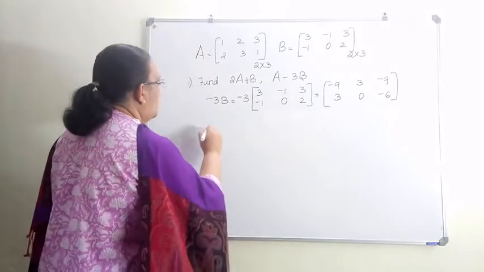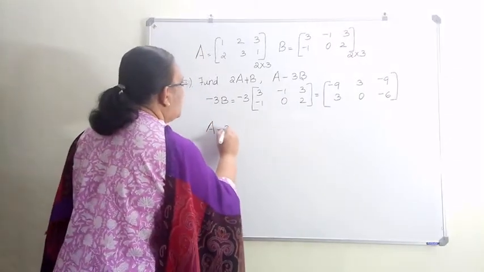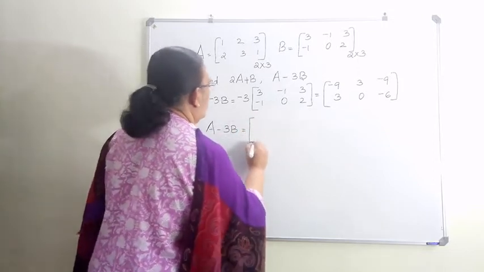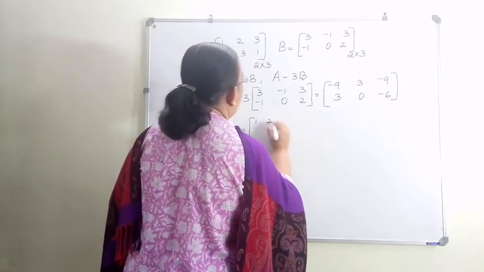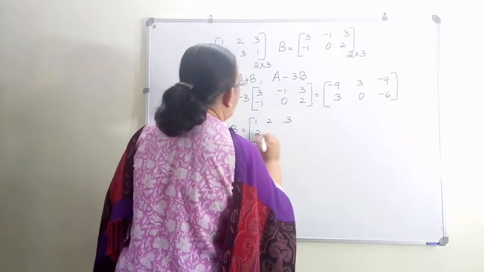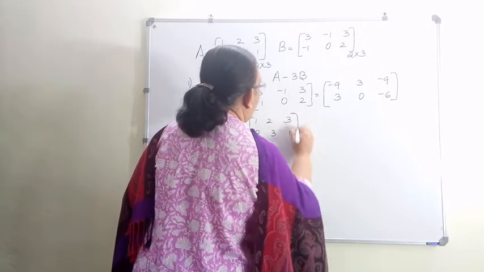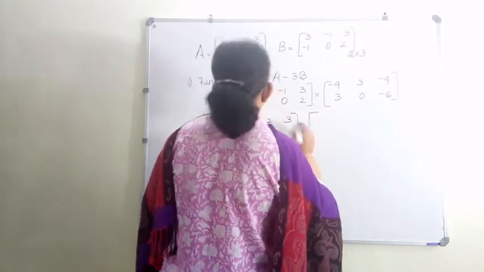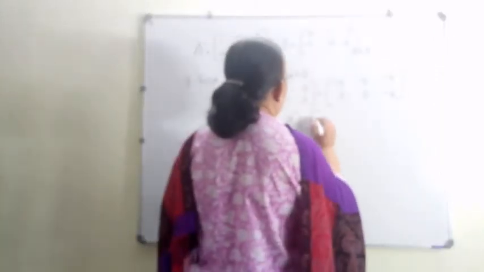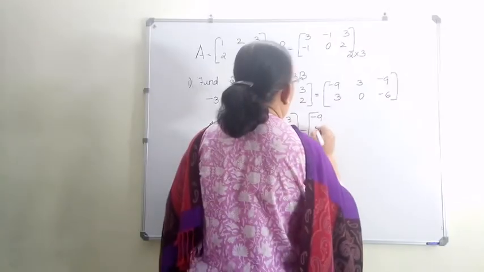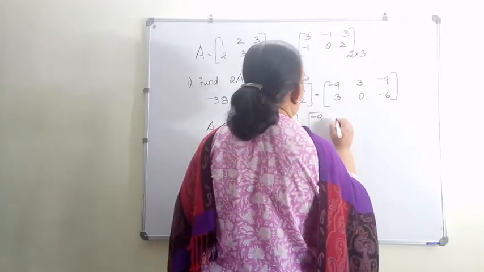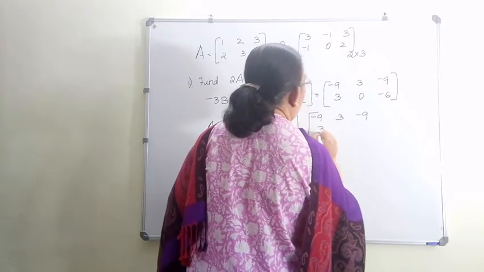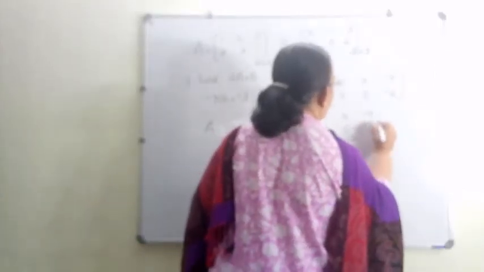Now, A minus 3B equals, what is A? 1, 2, 3, 2, 3, 1, minus 3B, which is minus 9, 3, minus 9, 3, 0, minus 6.